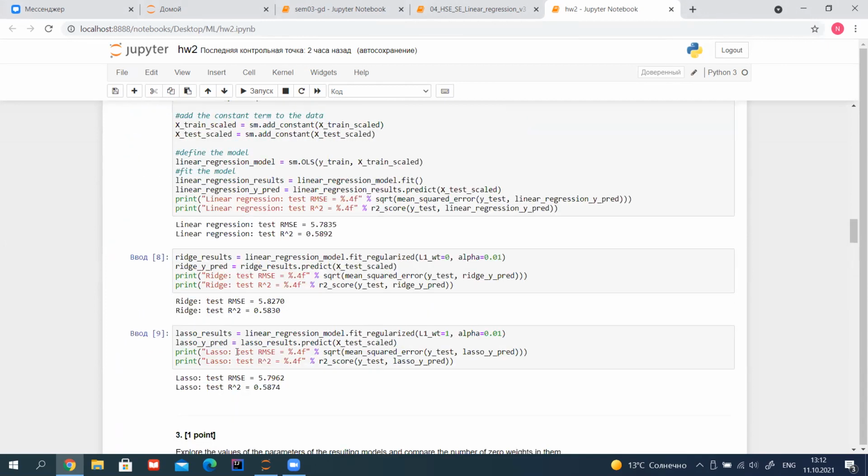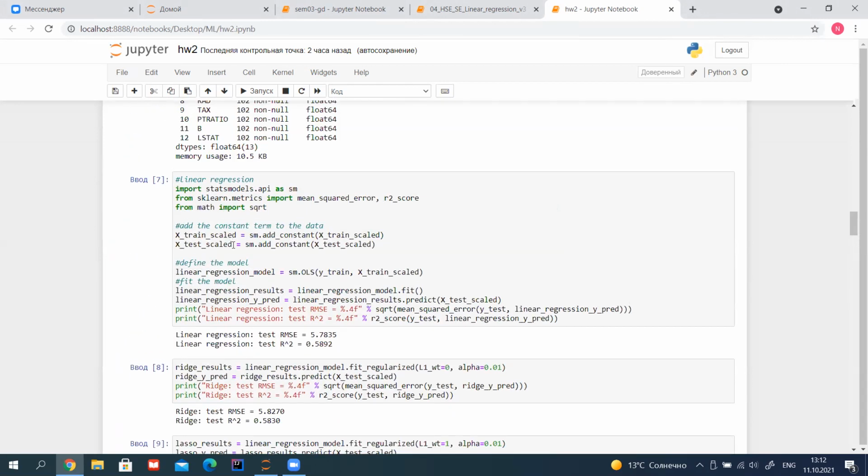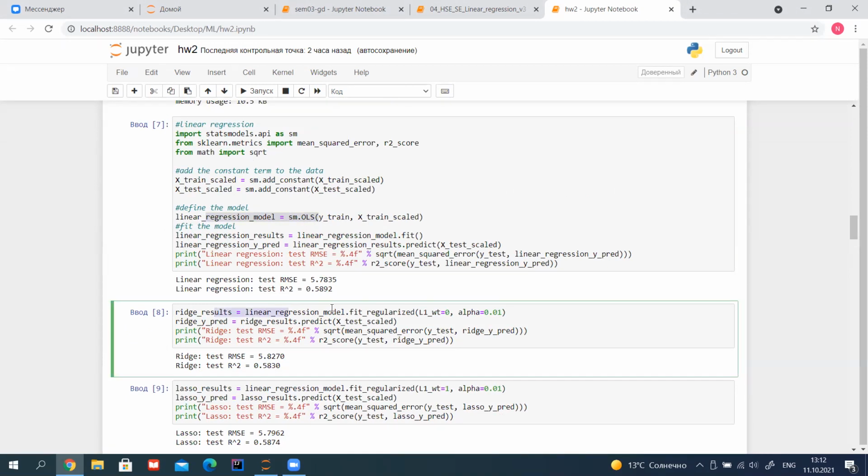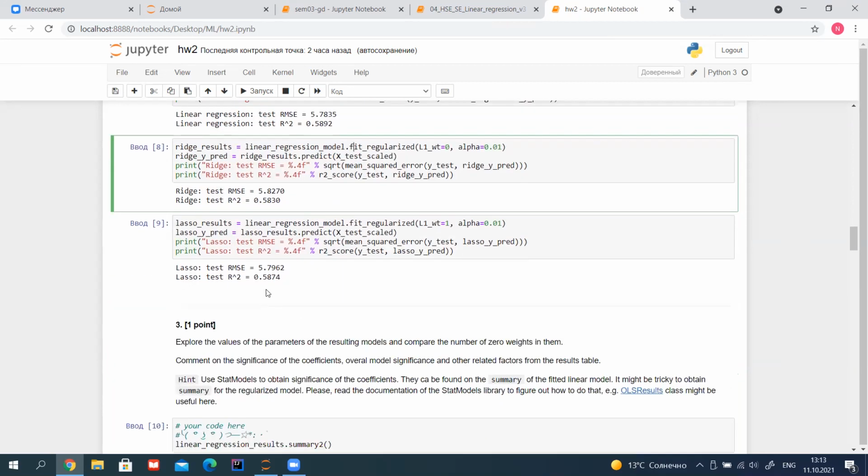Let me show you the previous one. So here's the model I built, the linear one, the usual one. Then I build a ridge and lasso one using this method, fit_regularized. I just googled for it. There was no such in the seminars, if I'm not mistaken. So then I predicted it.